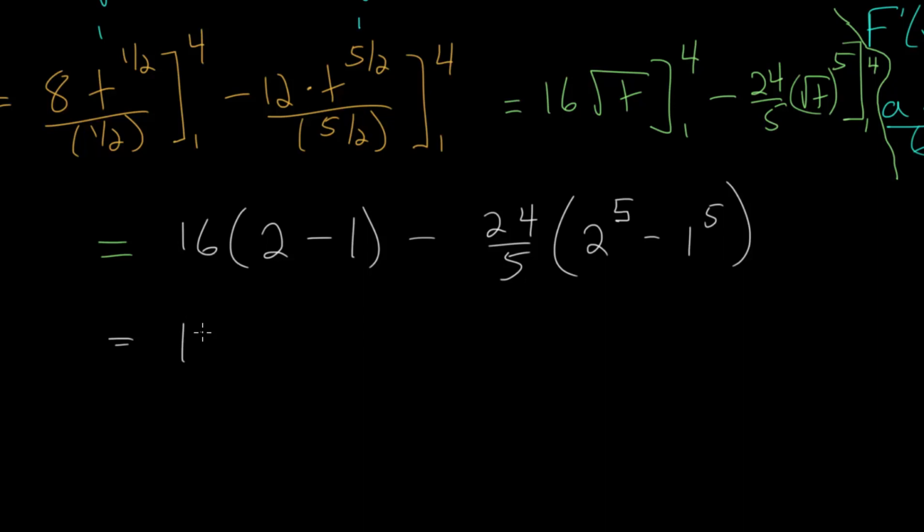So we just have 16 here. Then we have minus 24/5 and 2 to the 5th power. If we count that up, 2, 4, 8, 16, 32. So this is 32. And we're subtracting 1 to the 5th, which is just 1. So we have 31 here.